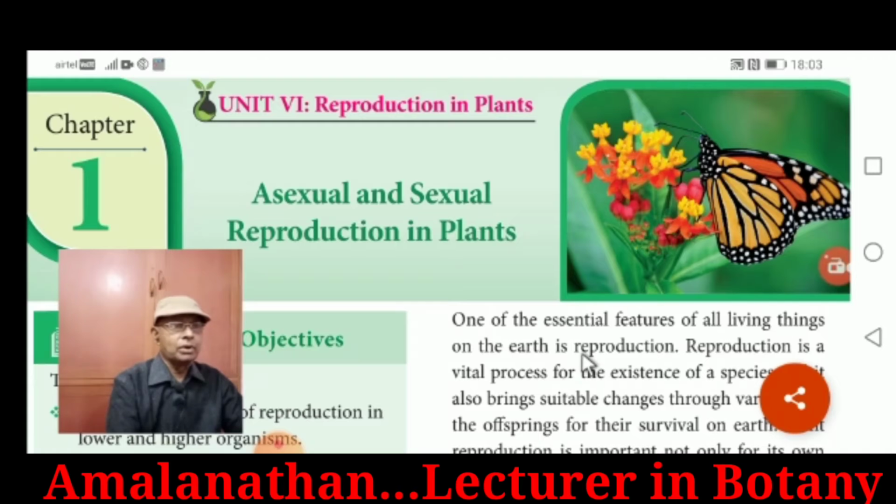Here also there are some methods followed in cuttings. Depending upon the parts used, cutting is classified into root cuttings, stem cuttings and leaf cuttings.